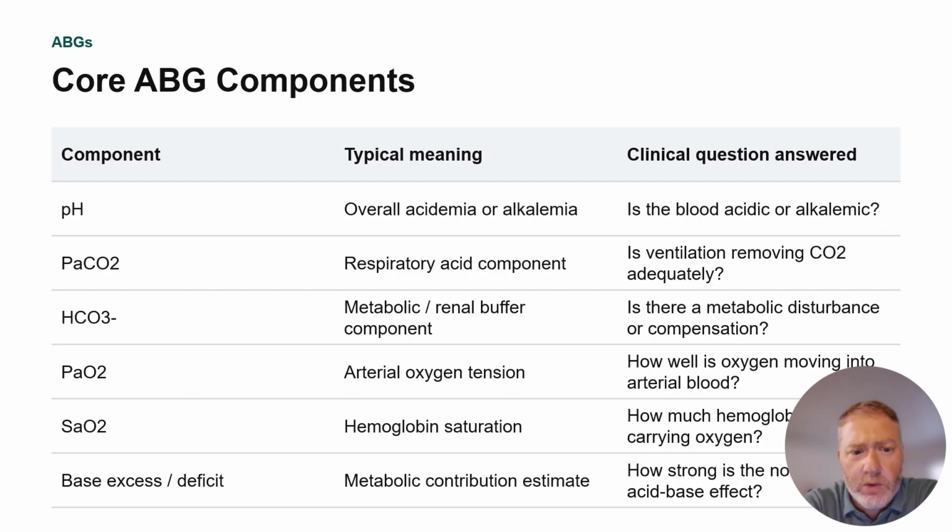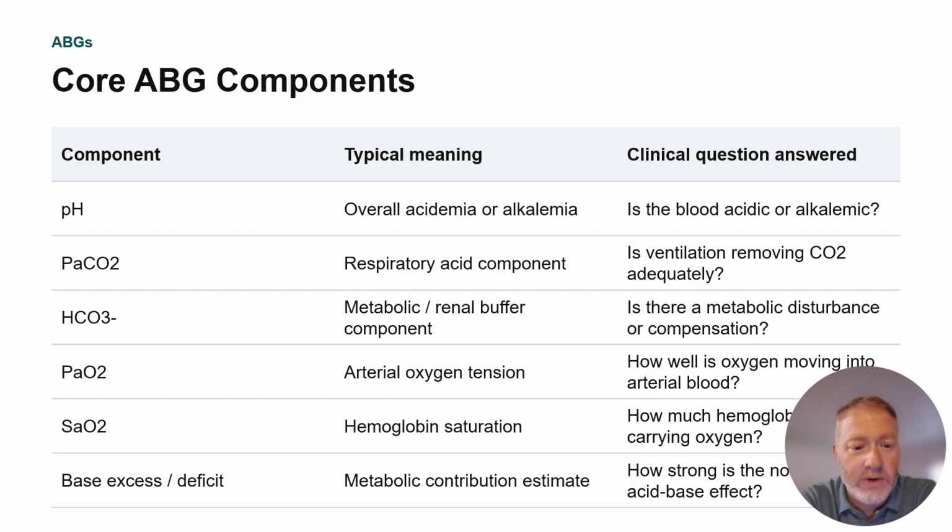A quick review of ABG terminology. Your pH determines the overall acidemia or alkalemia, or if they're acidotic or alkalotic, all kinds of different ways to say the same exact thing. Your PaCO2 is your respiratory acid component, and that answers the question, is ventilation removing CO2 properly or adequately?